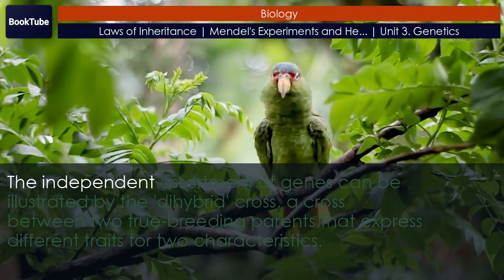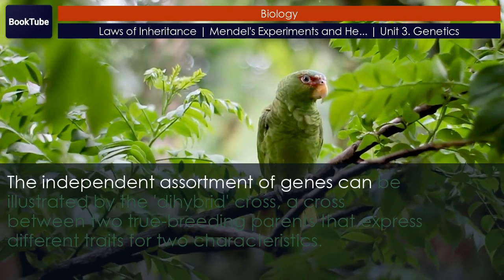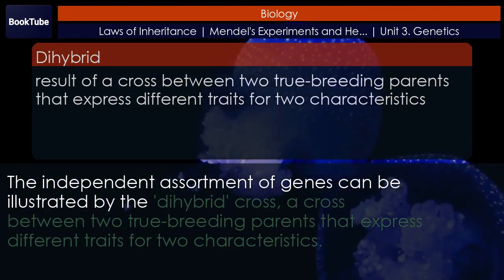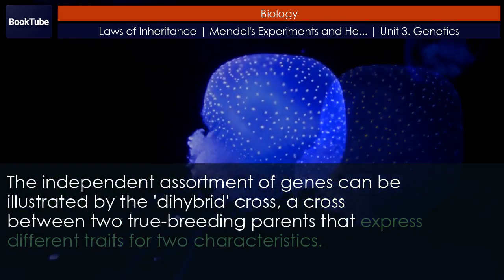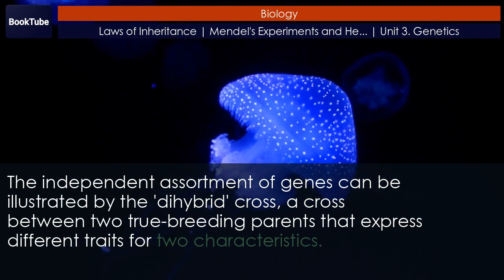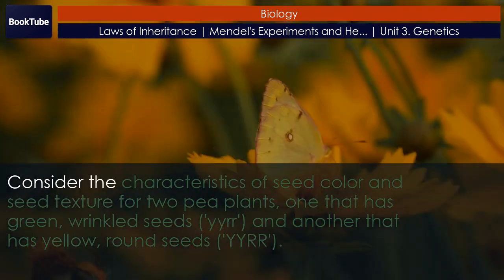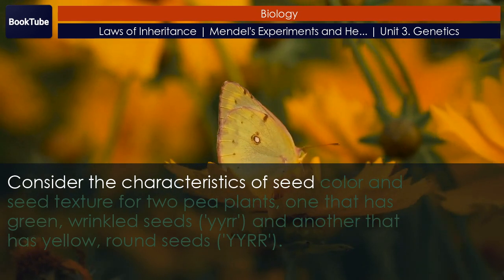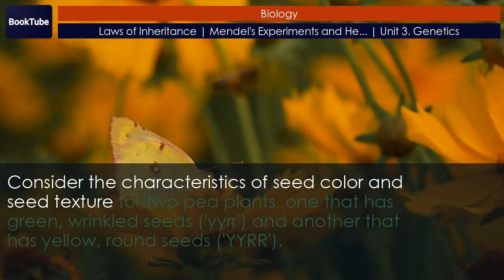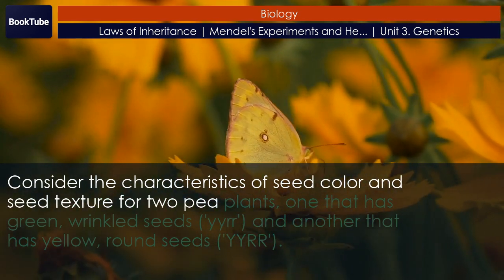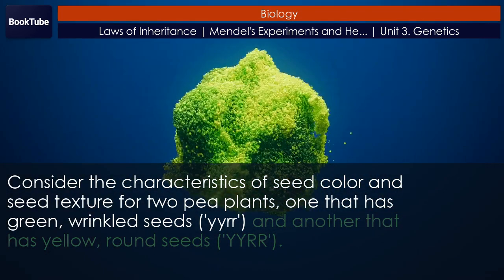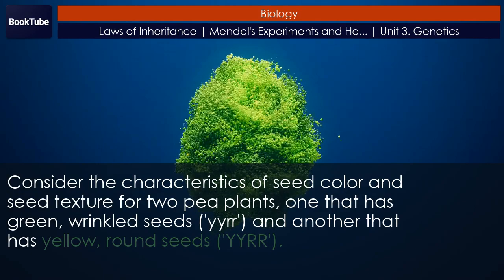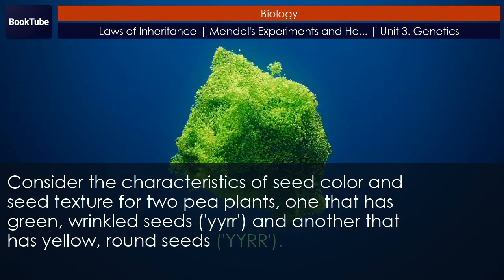The independent assortment of genes can be illustrated by the dihybrid cross, a cross between 2 true breeding parents that express different traits for 2 characteristics. Consider the characteristics of seed color and seed texture for 2 pea plants. One that has green, wrinkled seeds, yyrr, and another that has yellow, round seeds, YYRR.